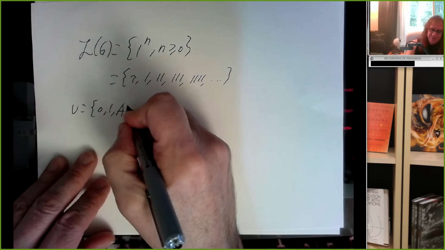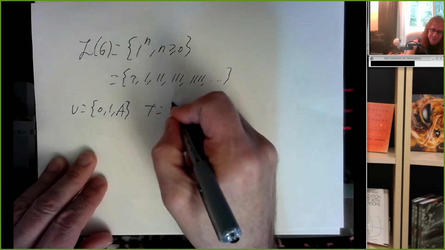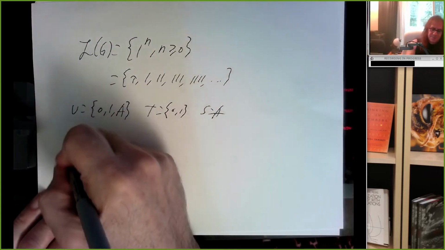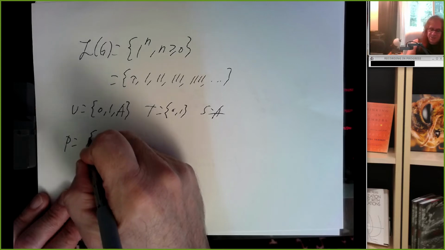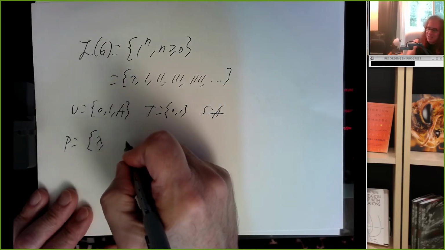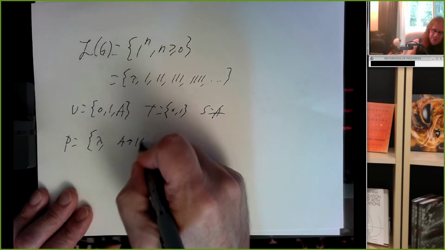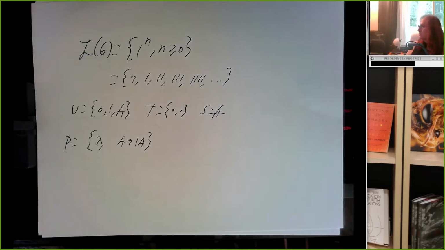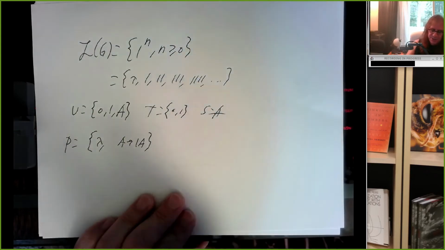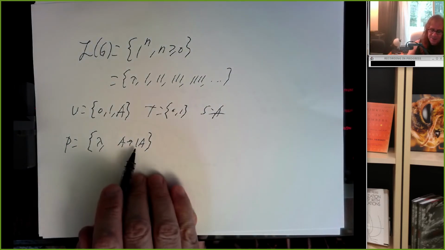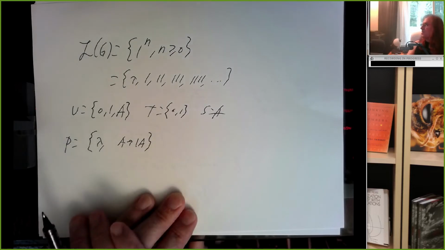Alright, so let me use a different start symbol here. Let me use A. And then somebody suggested our production rules could be, we'll throw in the lambda anyway, but they said let's change A into a 1 followed by an A. And that's enough to capture this language, because it could be empty, it could be a single 1 followed by an empty string, it could be a 1 followed by a 1 followed by an empty string, and so on.